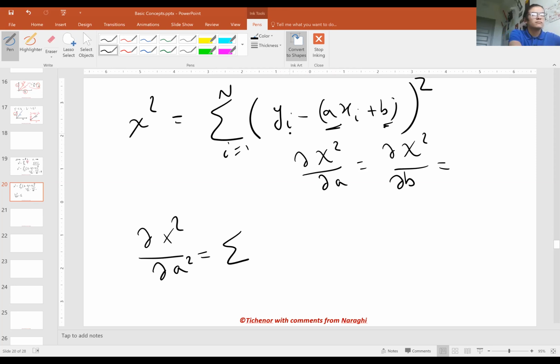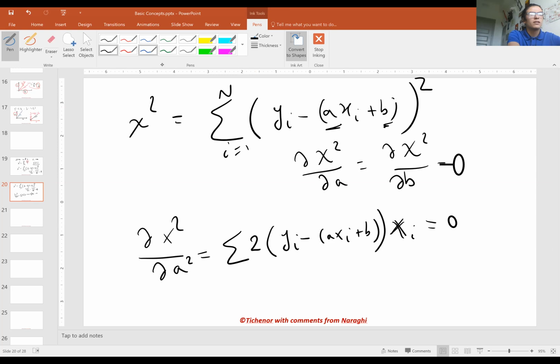What is the derivative of inside with respect to a? I have this 2, so it's going to be 2 times, using the chain rule, yi minus a xi plus b, times the derivative of inside with respect to a. What is that? xi. Exactly, xi. And there's a negative sign, but I don't care about that negative sign because it's equal to 0.